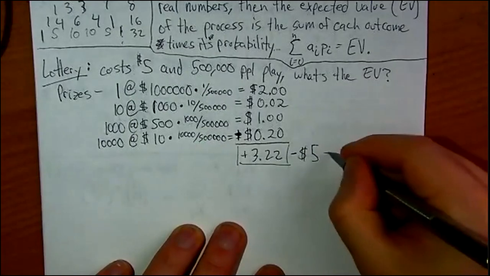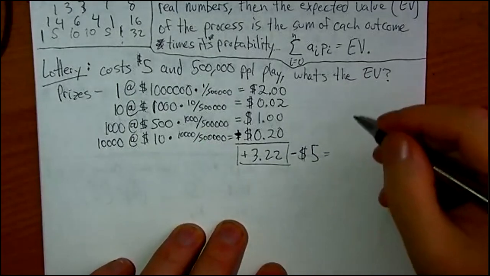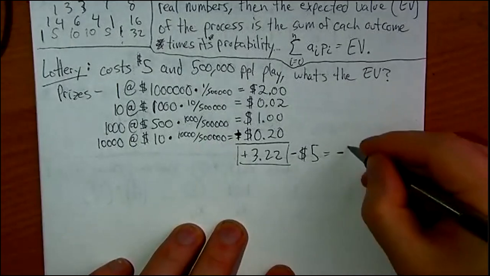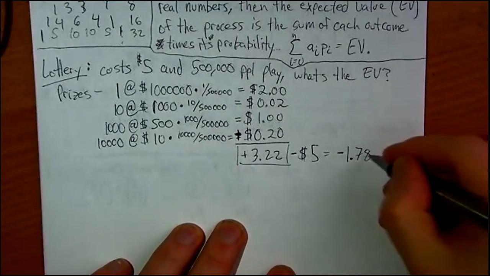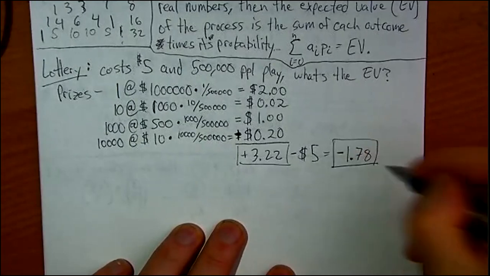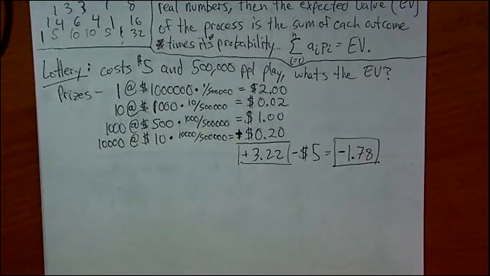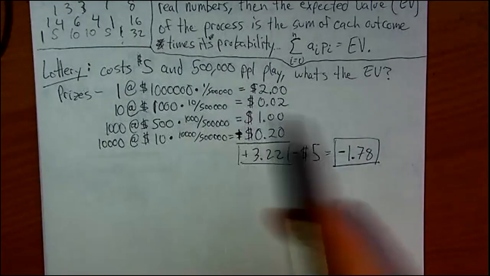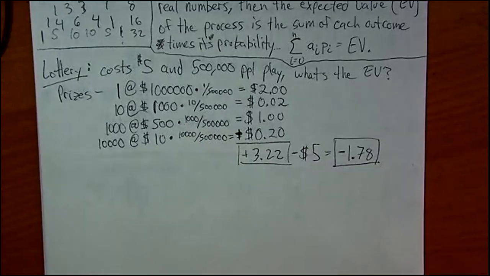And so the expected value of playing this lottery, as you said, sad face, Amber, is negative $1.78 is the grand total for expected value, right? So for each ticket that you play, you're losing $1.78, on average.